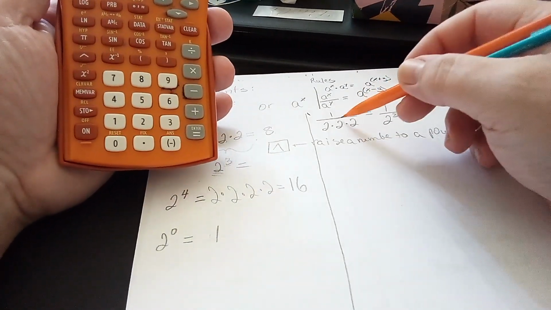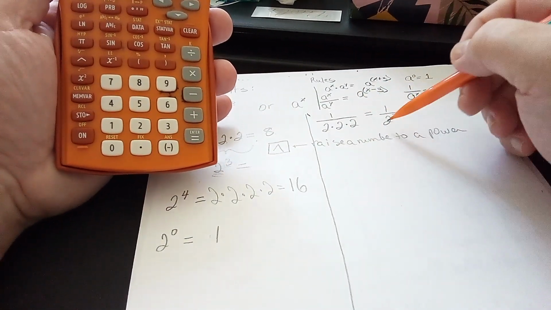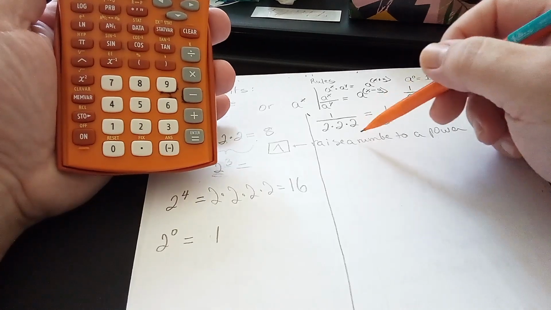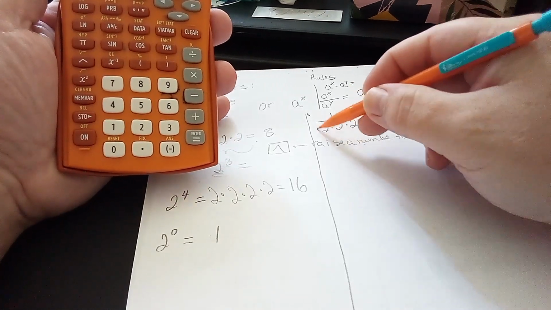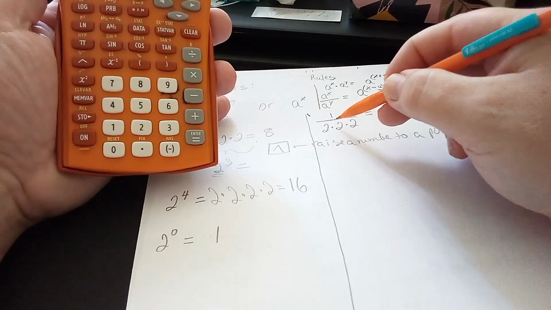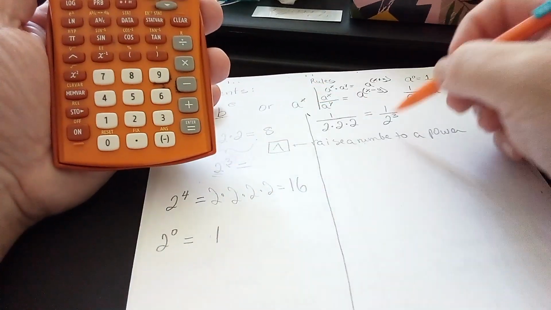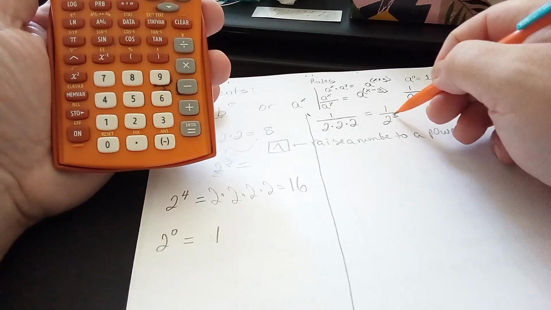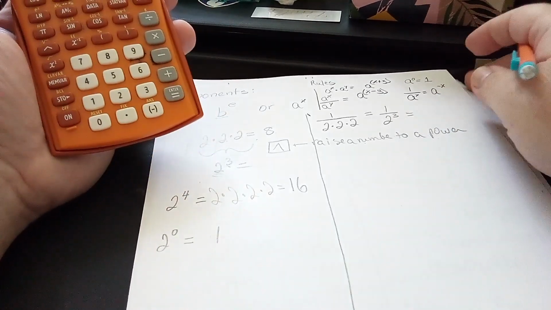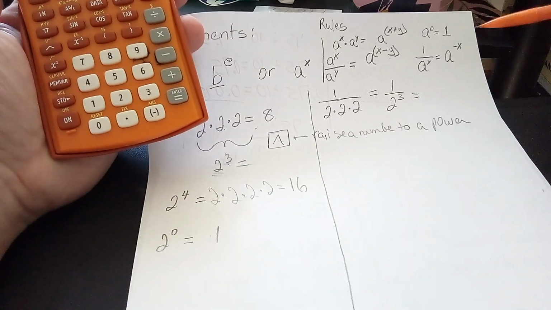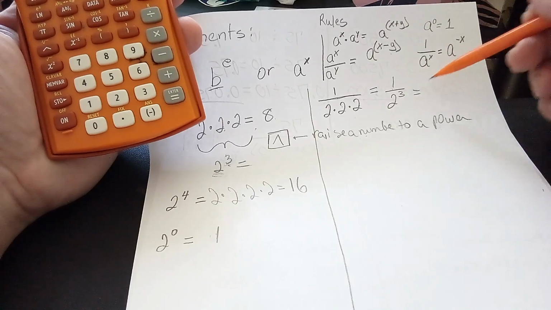The same thing can be done when you have numbers with exponents in the bottom. If you have a number divided, in this case 1 divided by 2 times 2 times 2, you can rewrite that using exponents the same way. However, I can rearrange this, and there are exponent rules. If you refer to this here, you don't need to rethink it.